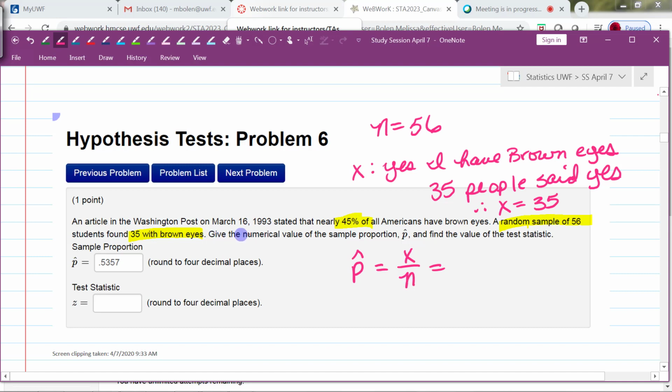So let's keep reading. Give the numerical value of the sample proportion P hat and find the value of the test statistic. So our P hat is simply going to be 35 divided by 56. And if you grab your calculator, let's verify that that is 53.57. 35 divided by 56. Did I write that down wrong?